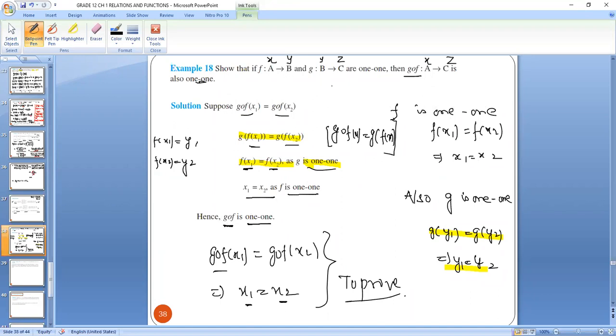If F and G are 1-1, then G of F is also 1-1. This we have proved. Any doubt?